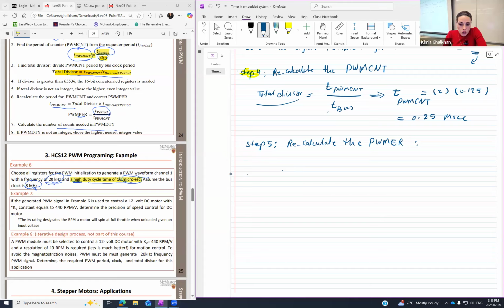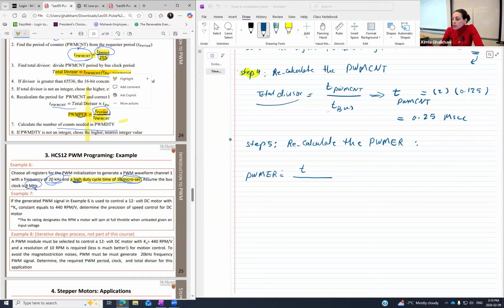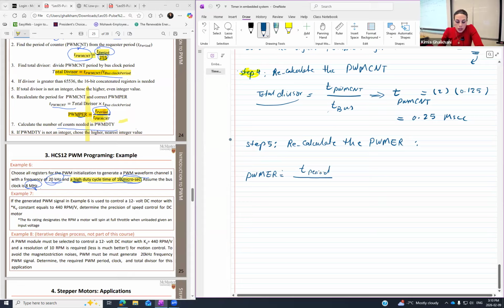Therefore, I'm going to say the same equation, PWMER equal to, remember it was T period, same thing, right in here. I get it from this equation in the lecture slide. So I have to say T period divided by T PWMC and T, the exact same one.